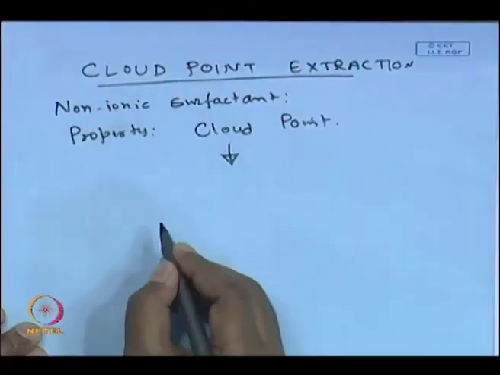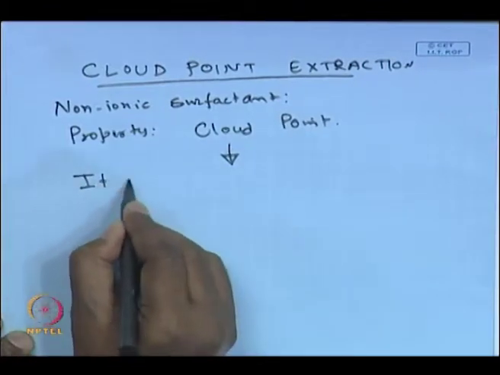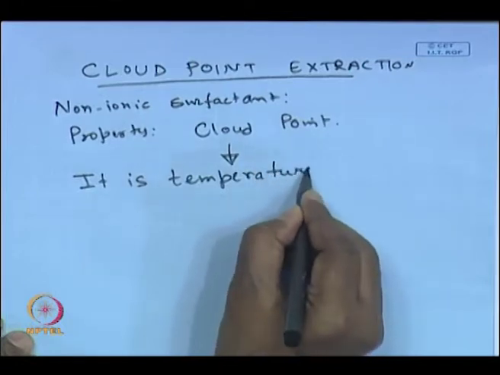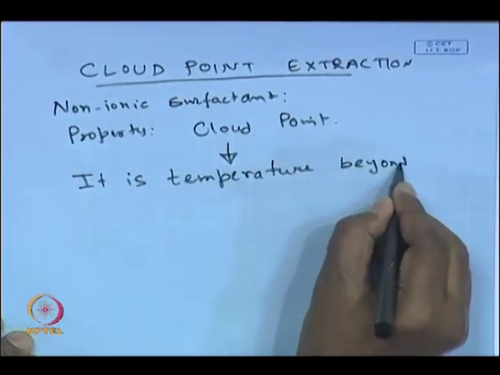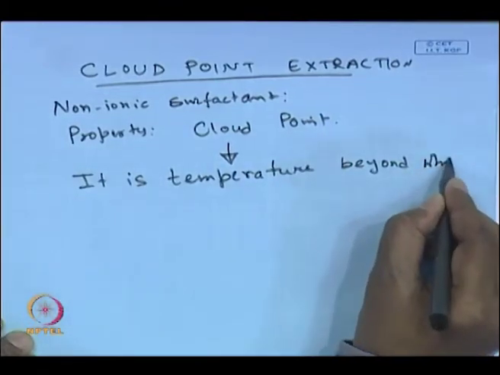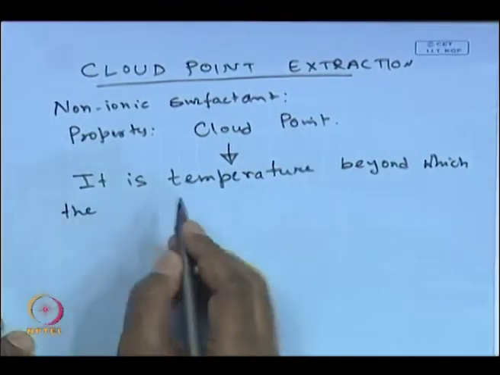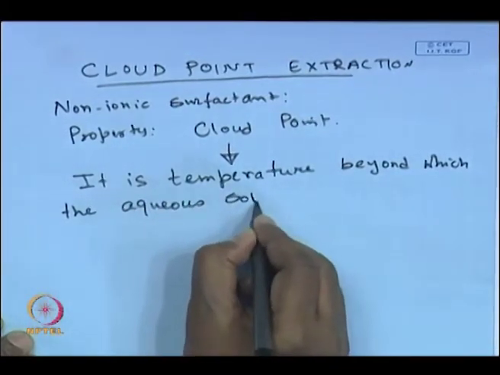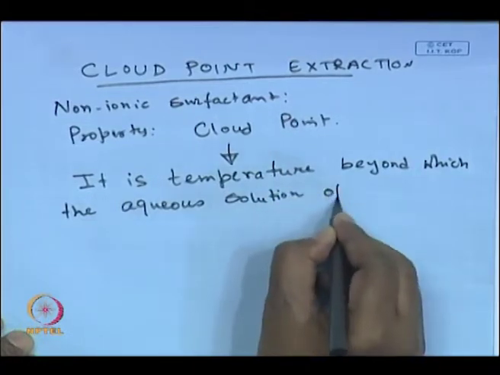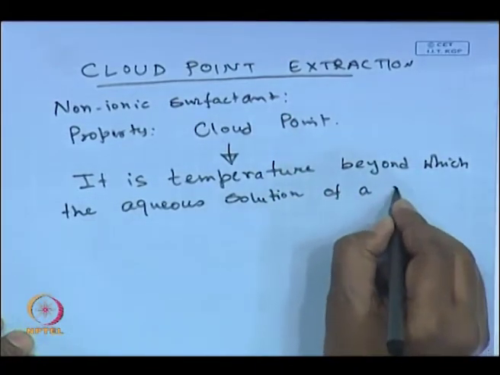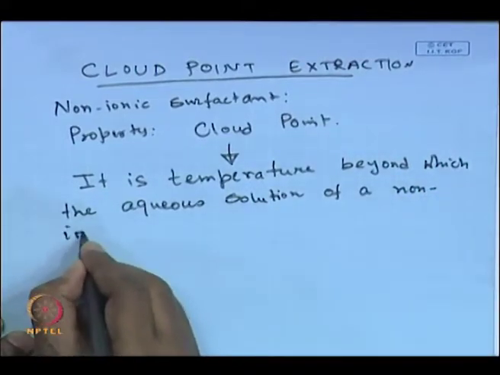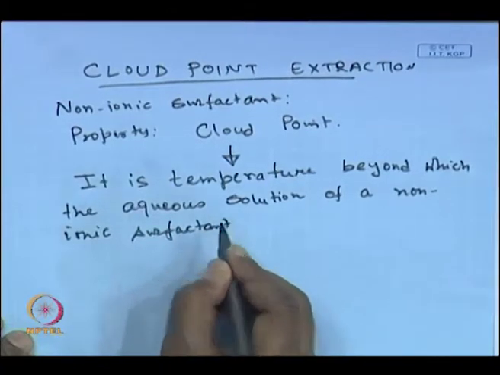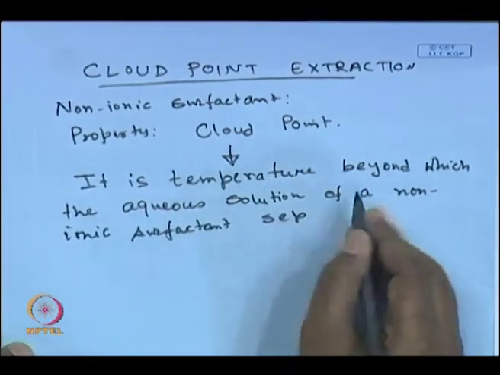So, what is the definition of the cloud point? It is the temperature beyond which the aqueous solution of a non-ionic surfactant separates into two phases.